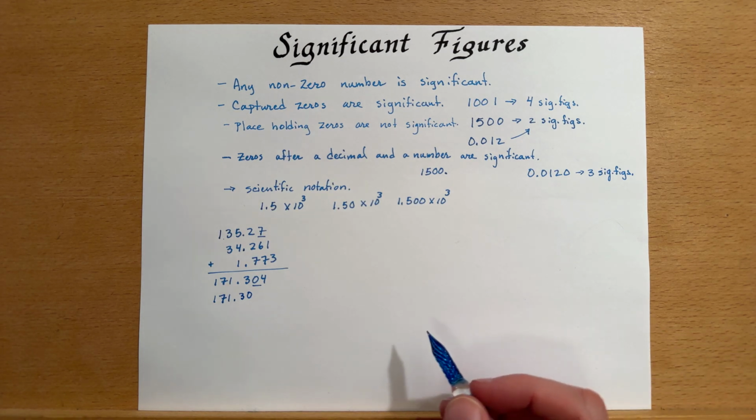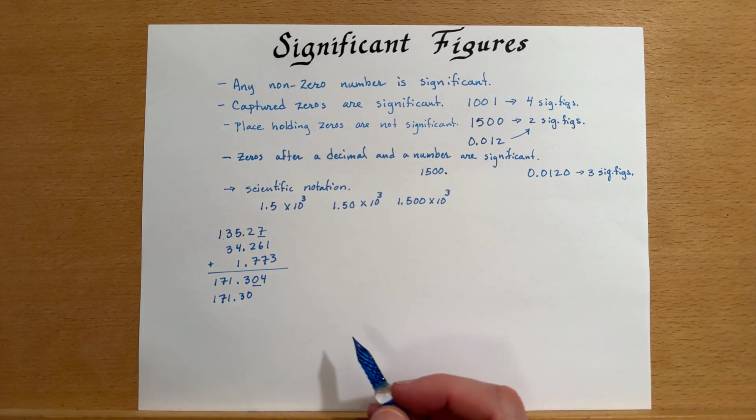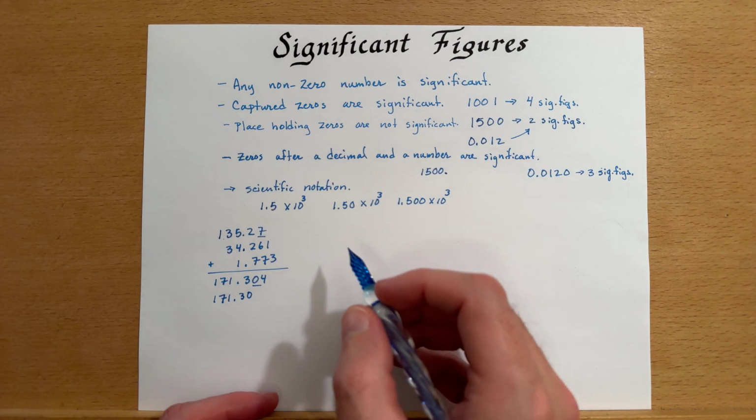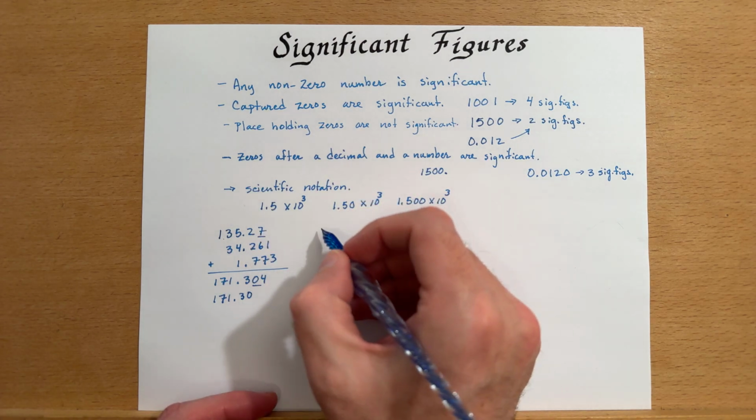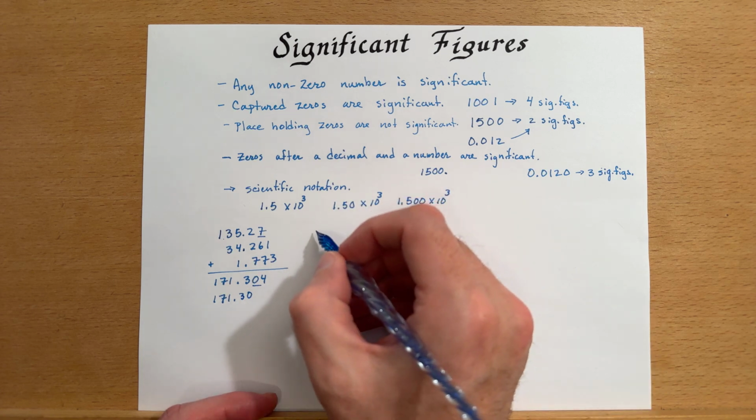However, what happens if we have numbers that are expressed in scientific notation? Well, it's a little harder to determine what is the same decimal place because they may have different exponents.